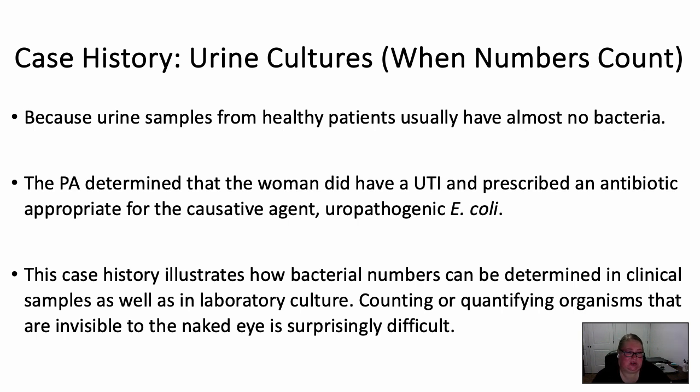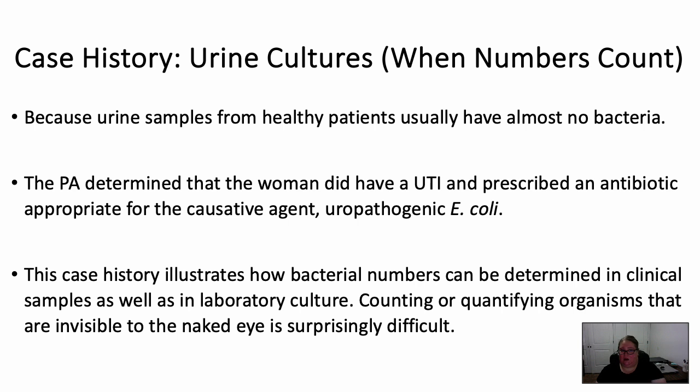Now, this case history shows how we can use a technique we have in lab and apply it to a clinical setting. It is very important that we know how concentrated a urine sample is in a patient because it's going to dictate what kind of antibiotics we give the patient. Now, 100,000 is quite a large number, but Melissa can still take oral antibiotics, so she can take the pill form.